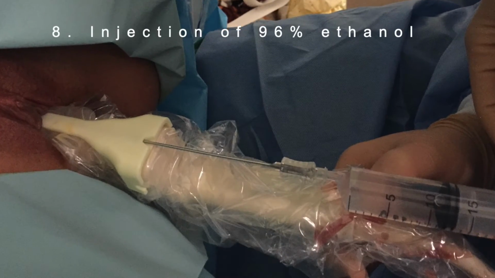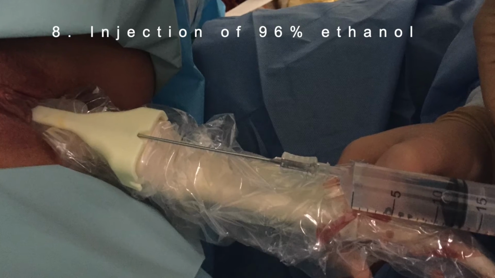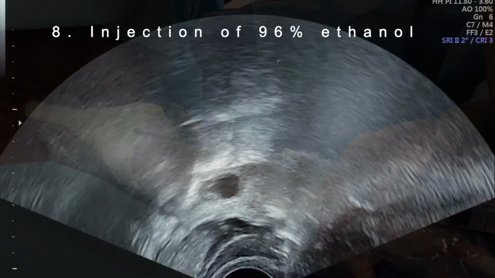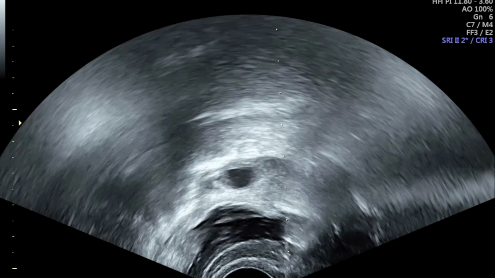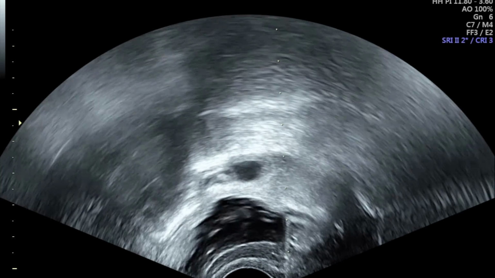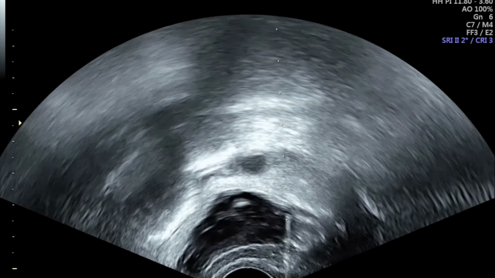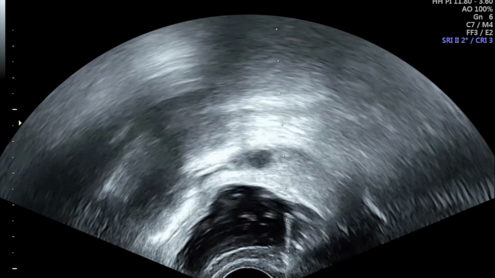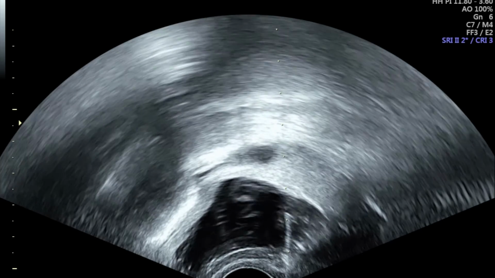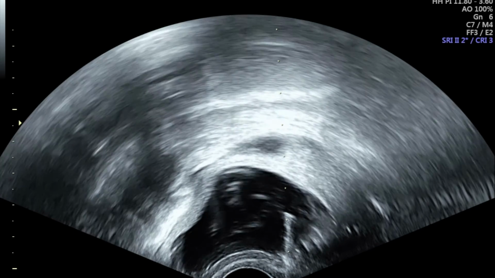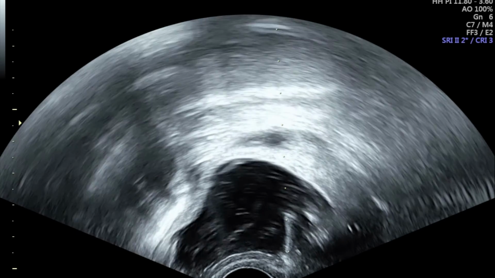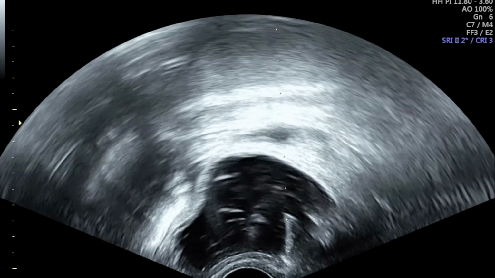Step 8. Injection of 96% ethanol. The ethanol is then slowly injected at 60% of the initial volume of the endometrioma. The cyst should not be overextended to avoid its rupture and ethanol diffusion into the pelvis. The maximum volume of ethanol for intracystic injection is 60 milliliters.